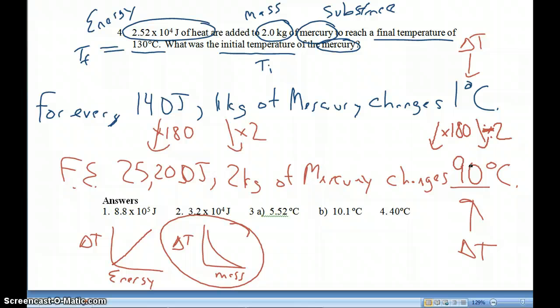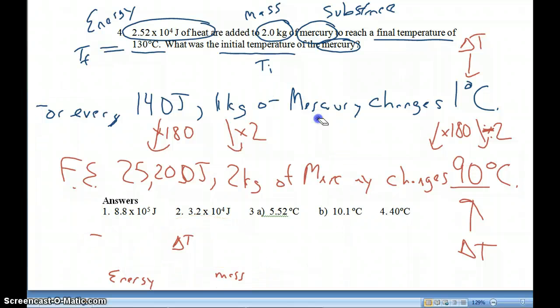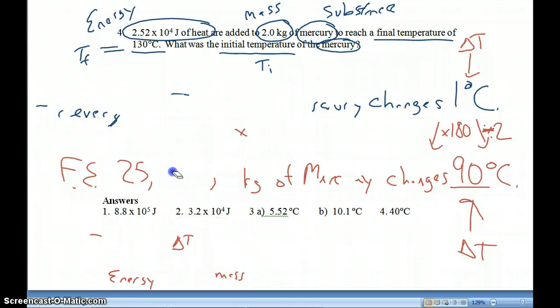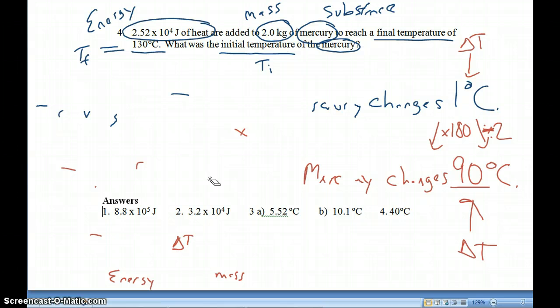Everybody is okay with that, I hope. And so what I can do then is go back in and just erase this. Okay, and then I can say that my delta T is going to be equal to my final temperature minus my initial temperature.